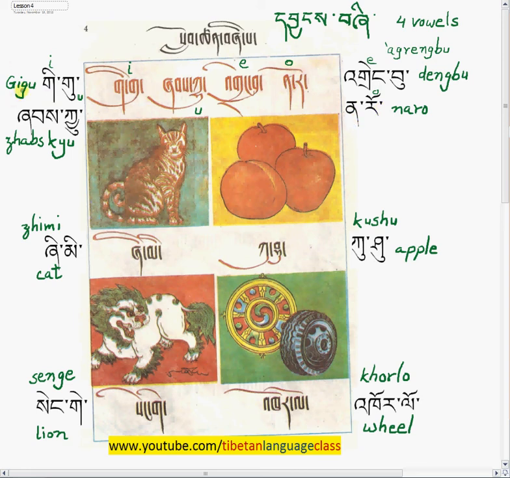And then in English, for kigu, ka I ka u, shabkyu, zha, which is sha, pa, sa, ka, yata, and the u, shabkyu.